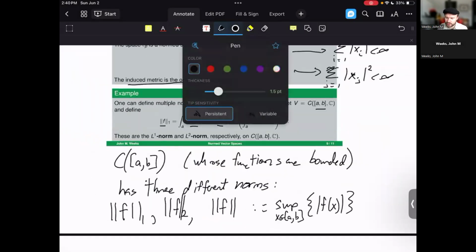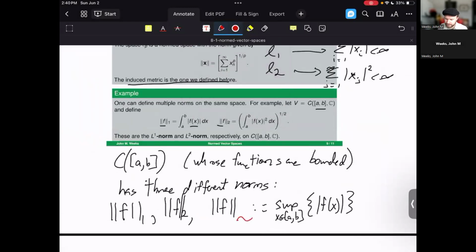This last norm is sometimes called the infinity norm. We might recall that we used some of this terminology with d1, d2, and d infinity. So we can use this same nomenclature in talking about norms too, with subscripts of 1, 2, and infinity for each of these norms. Just like how the space of continuous functions had a bunch of different metrics on it, in fact it has several different metrics that come from norms. d1, d2, and d infinity all come from these norms of f1, f2, and f infinity.